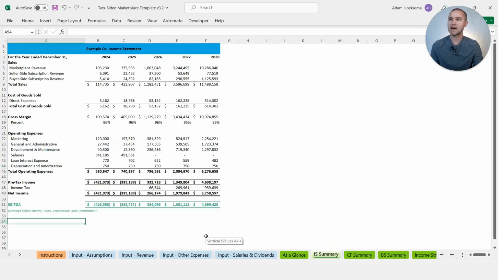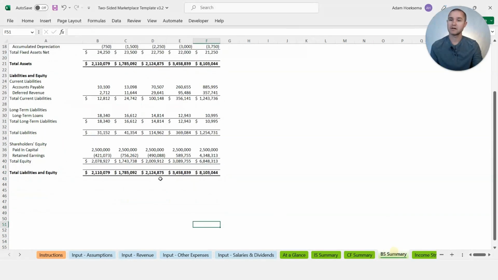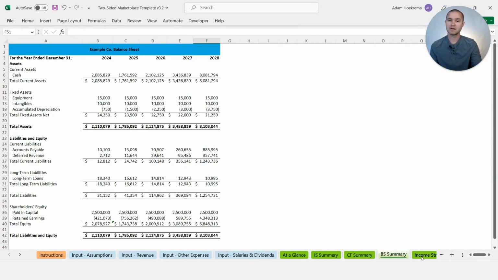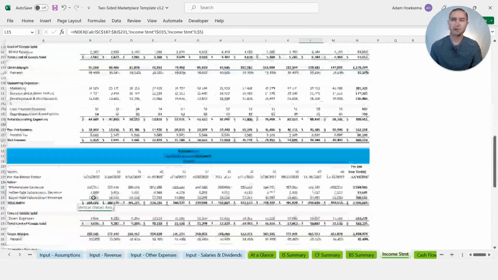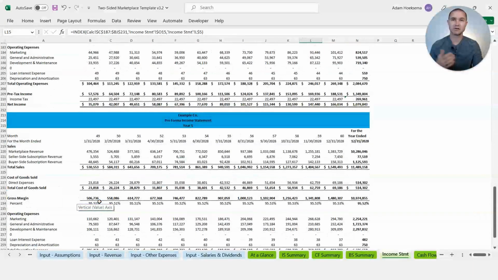You're also going to get a 5-year income statement summary, a 5-year cash flow summary, a 5-year balance sheet. Then you'll get the income statement, cash flow statement, and balance sheet statement all broken down by month for each of the 5 years. So you get that monthly level detail if you need that, as well as the higher level annual summary. But in order to produce all these reports, we have a little bit of work to do.